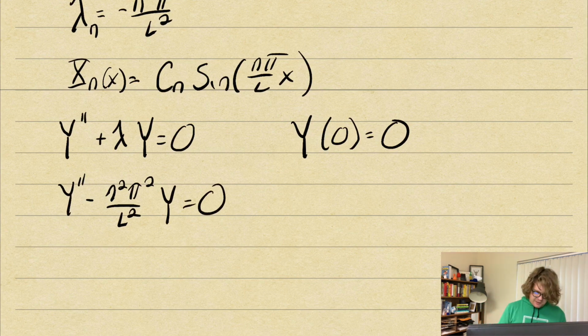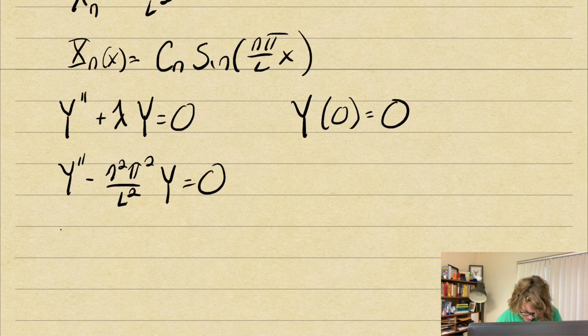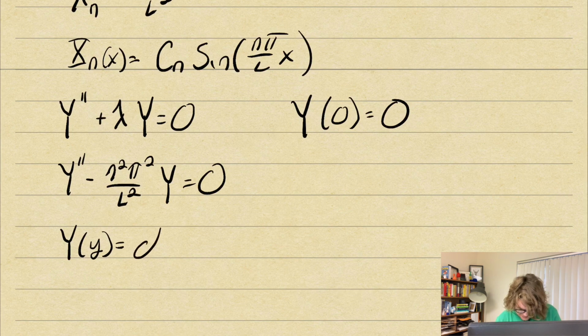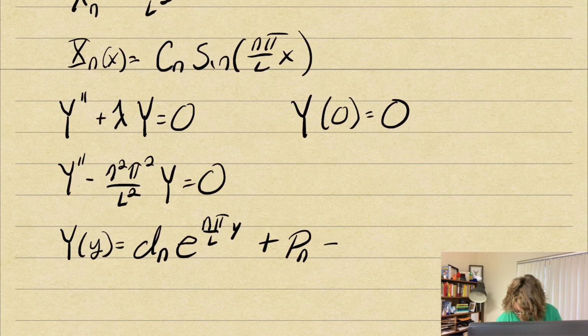What we end up with is two different solutions to the characteristic equation, positive n pi over L and negative n pi over L. So Y of y is going to look something like, we already used c, so let's use d, a d sub n times e to the n pi over L times y, plus, let's do a p sub n times e to the negative n pi over L times y.